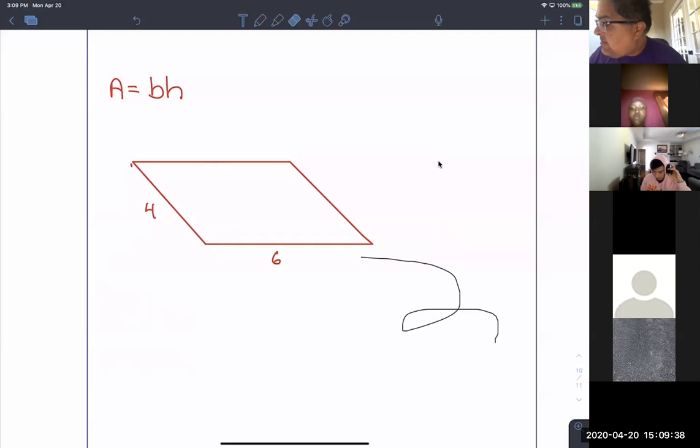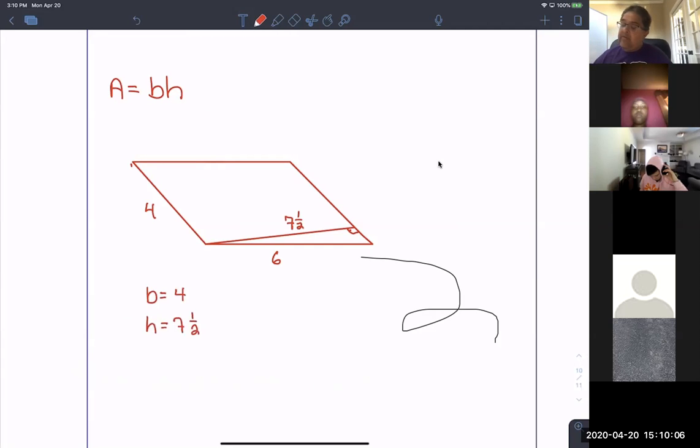If I gave you a diagram like this, okay. Now, in this diagram, the base is 4 and the height is 7.5. Okay. Height 7.5 because that's the line that's perpendicular. Base is 4 because that's the side that the height is perpendicular to.